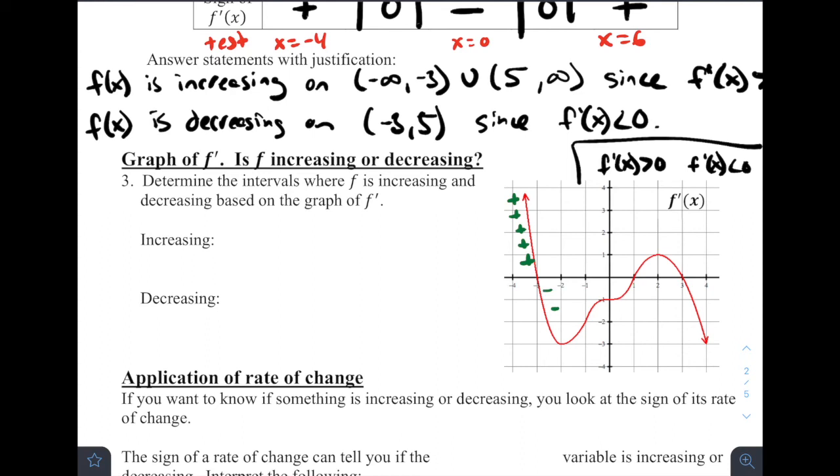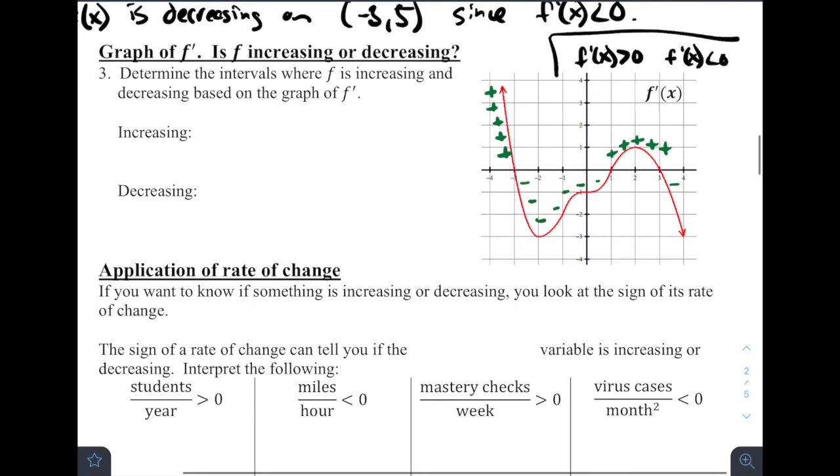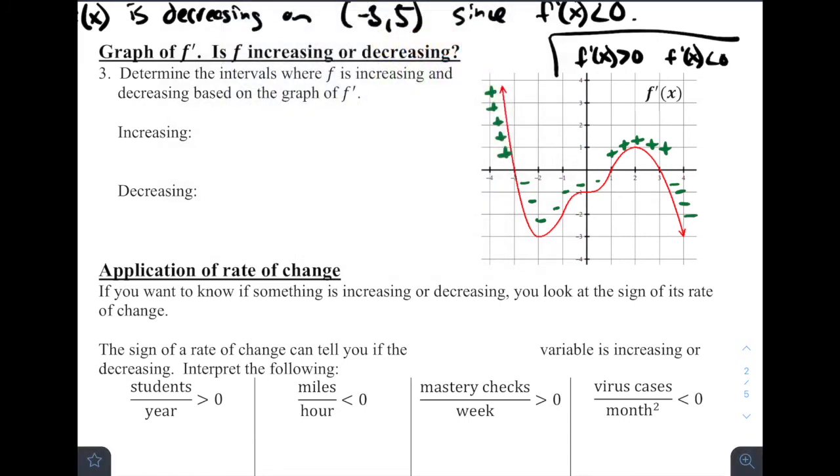I notice that I have negative outputs between negative 3 and 1, then positive outputs between 1 and 3, and then negative outputs again when x is greater than 3. In terms of intervals, we would say that f of x is increasing on the interval from negative infinity up to negative 3.